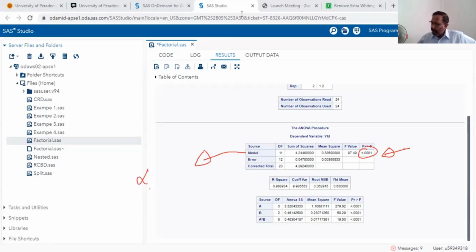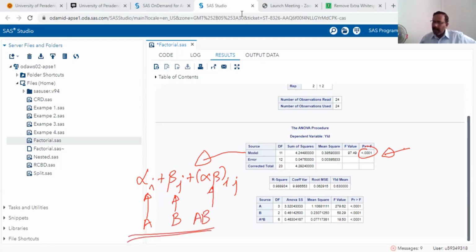It consists of alpha I, beta j, and alpha beta ij. So you see, this is the main effect of A, main effect of B, and the interaction effect of A and B. So 3 effects are cumulatively given as the model. So that has been expressed in the last table. So you see that is A, B, and the AB. That is how SAS gives, right? Most of the software gives like that.